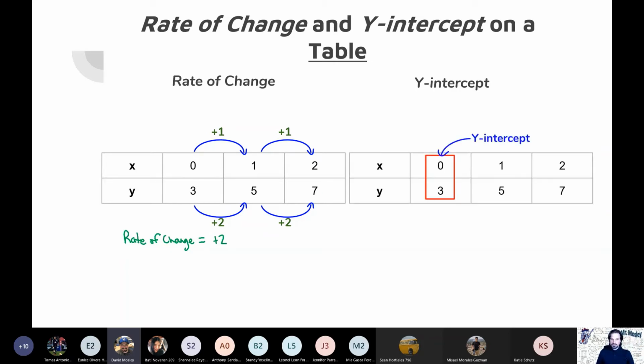And for the y-intercept, the y-intercept is where x equals 0. It's the value of y, where x equals 0. So here, we have the y-intercept is at 0, 3.